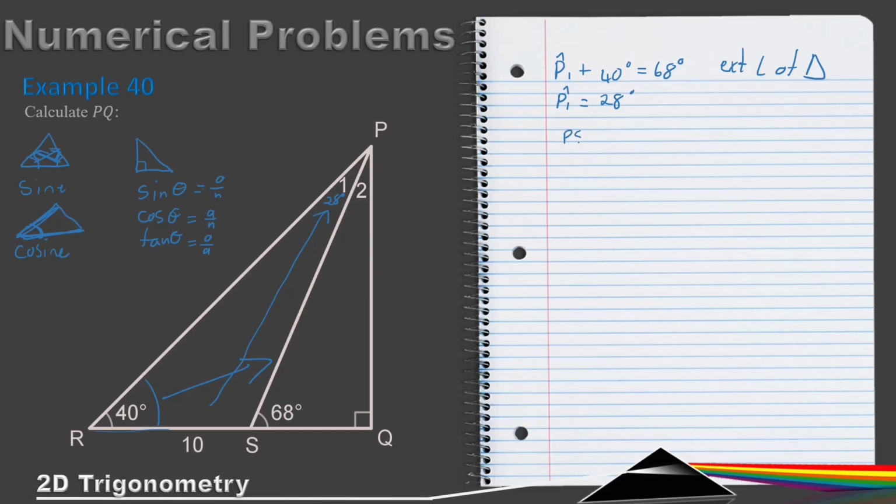So PS over sine of the opposite angle, 40, equals the side 10 over sine of 28. To isolate PS, we take the sine 40 up by cross multiplication. So PS equals 10 sine 40 over sine of 28.